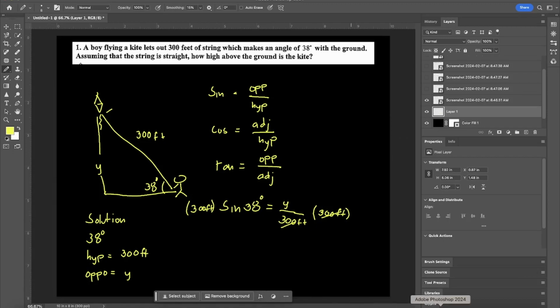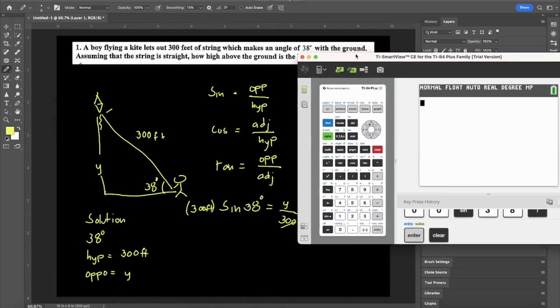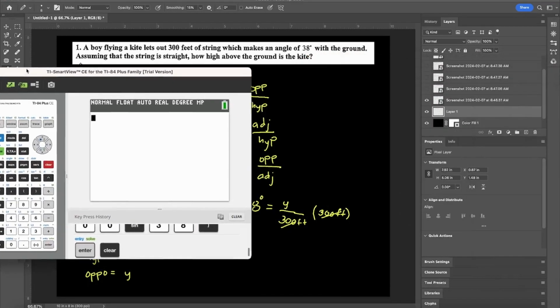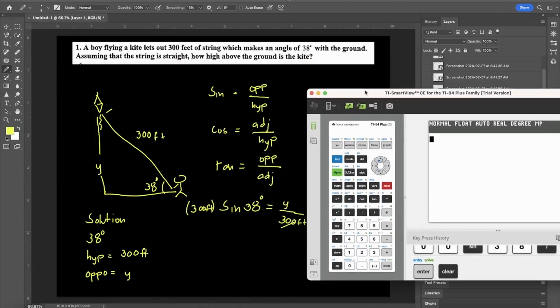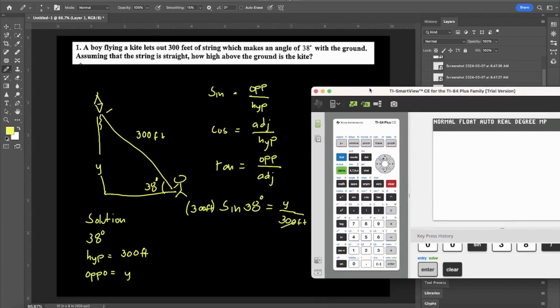So we can do that on our calculator. This is an emulated calculator that is exactly the same as the buttons of our calculator back in the classroom. So let's try to do that.